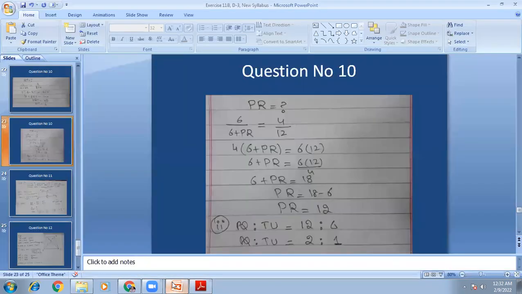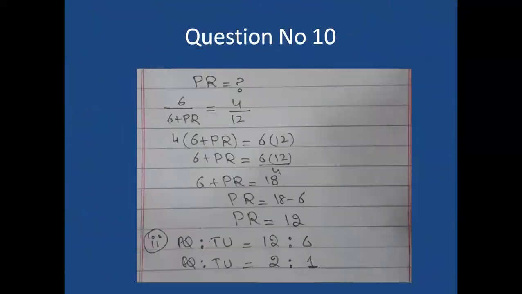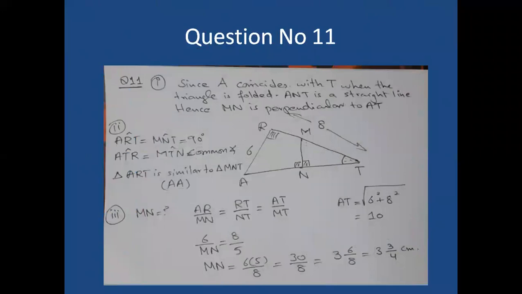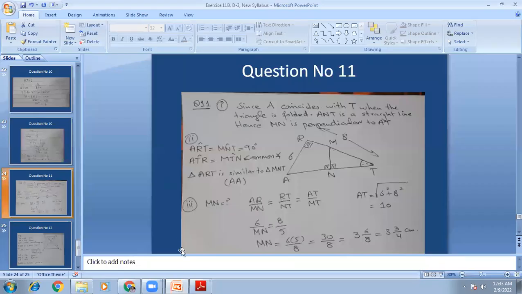Let me show you my written answer. Since A coincides with T when the triangle is folded, A and T is a straight line, hence MN is perpendicular to AT. So that's the first part.